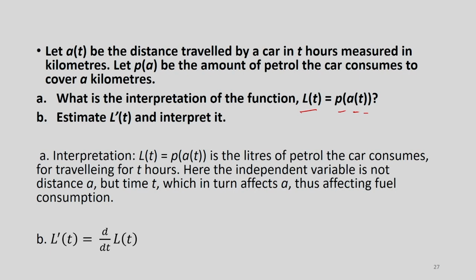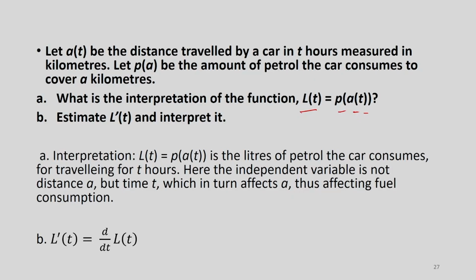Let us try to understand the question. Two functions are given. A is the distance, right? It is in terms of kilometers, and it is a function of t, right? How much time is spent in traveling affects the amount of distance covered, and that distance is given by A. On the other hand, if you are covering more distance, the petrol consumed also rises.